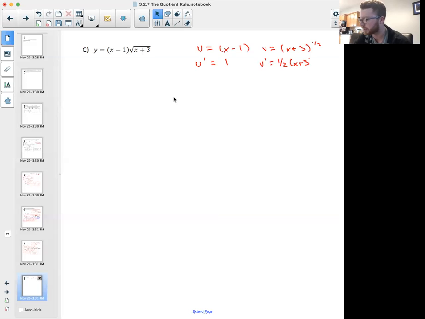1/2 subtract 1 will give us -1/2, multiplied by the derivative of what is inside the brackets. So multiplied by 1. So v prime is equal to 1/2 x plus 3 to the exponent -1/2. Okay, so now that we have that, back to the product rule. So y prime is equal to u times v prime plus v times u prime.